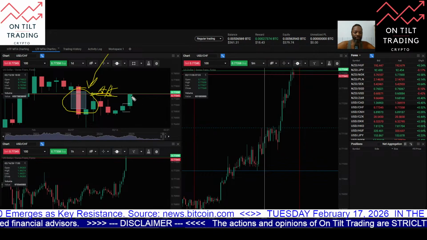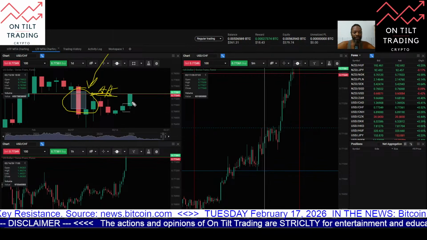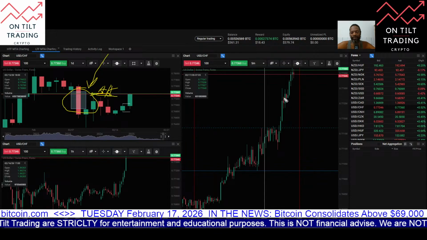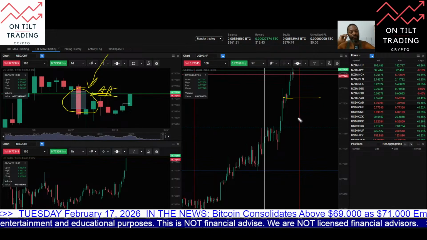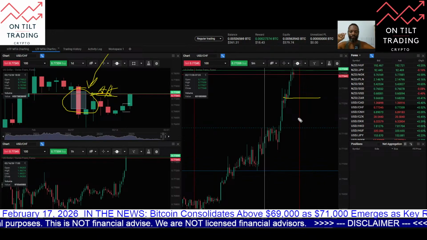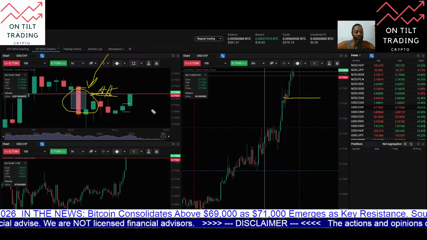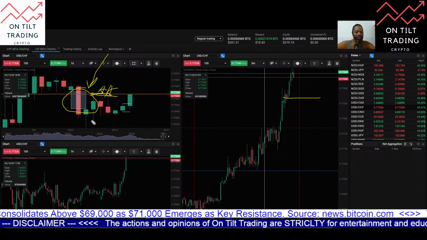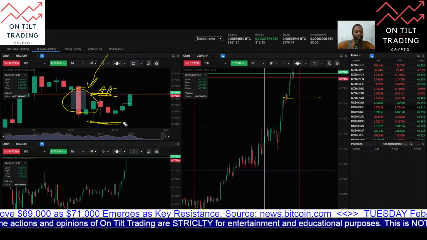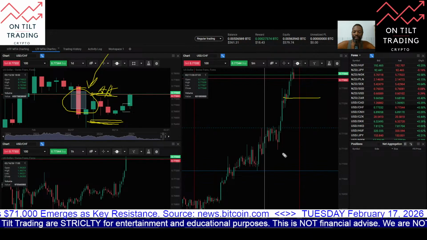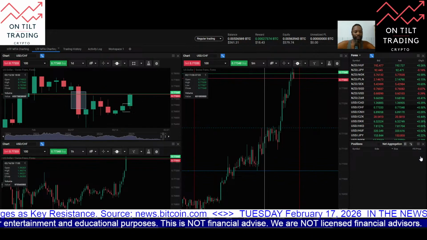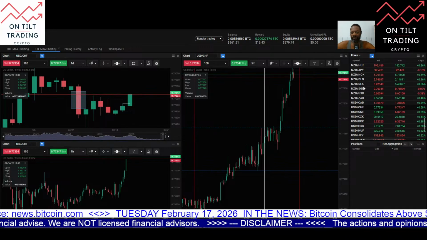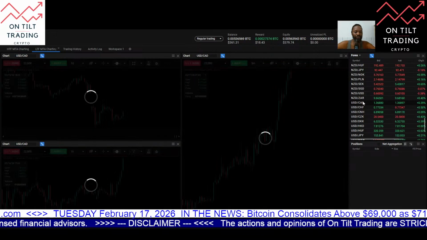If price were to redeliver to the sell side, then I would look for this level right here for an entry, and then I would likely take an exit at the low of this candle, since the buy side of that candle has been swept out. But right now, dollar Swiss is looking the most favorable for a potential trade, or reversal.